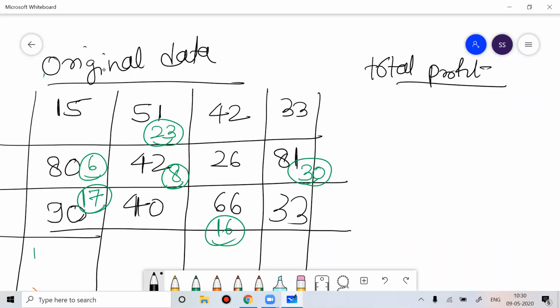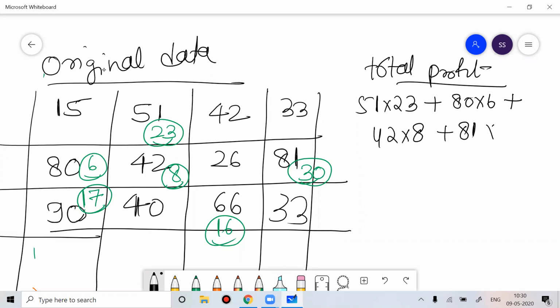Now the total profit for you is 51 into 23 plus 80 into 6 plus 42 into 8 plus 81 into 30 plus 90 into 17 plus 16 into 66.